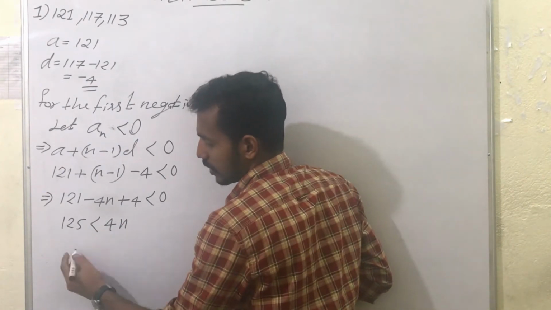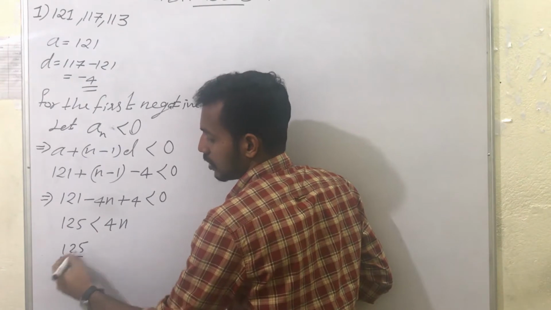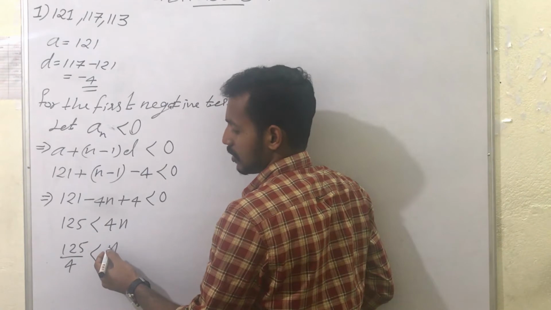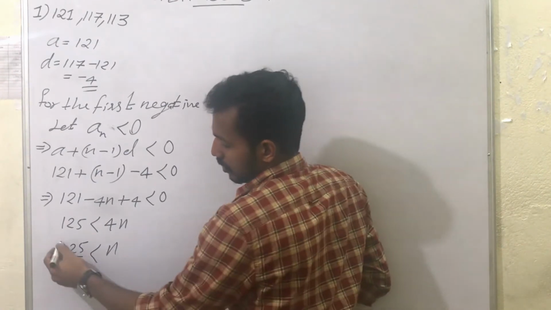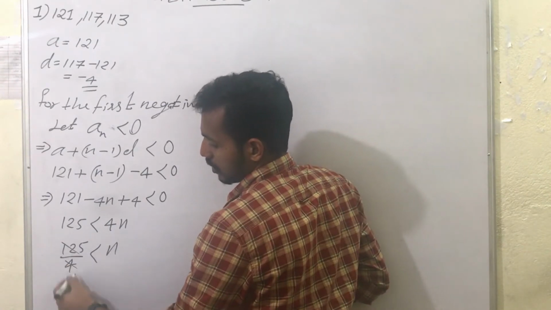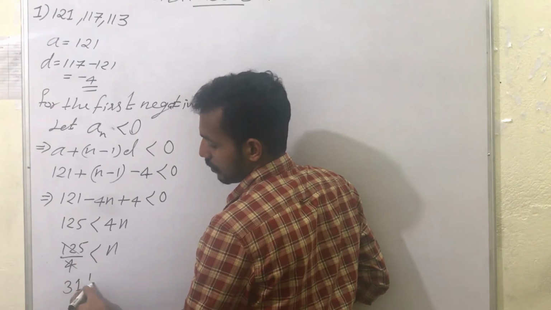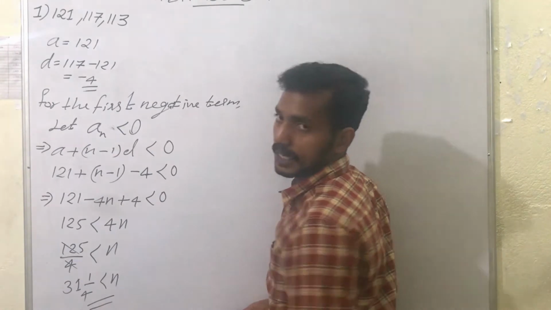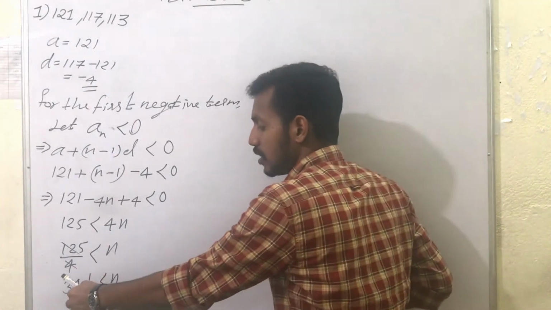Then this 4 goes to the other side, it will be 125 divided by 4 less than n. Simplified, 31 and 1 by 4. So here n should be greater than 31 and 1 by 4.